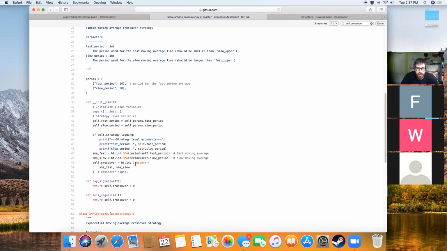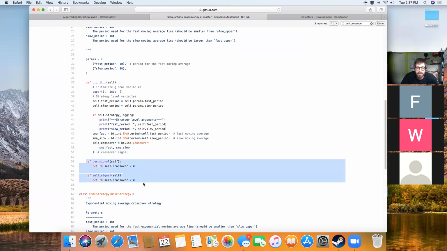We can even look at the documentation for this, if you want, but it's really just a crossover between 2 indicators. And because it's all defined as part of the class, all of this is getting calculated on the actual data, which means in your buy and sell signals, you can just use them. So this is returning if the self.crossover is greater than 0, it will return true. So you're saying buy.